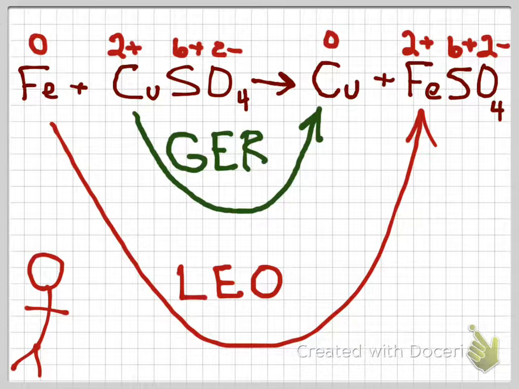For more practice in assigning oxidation states to different elements in a compound, go to the video where we look at several specific compounds and assign oxidation numbers to each element in those compounds.